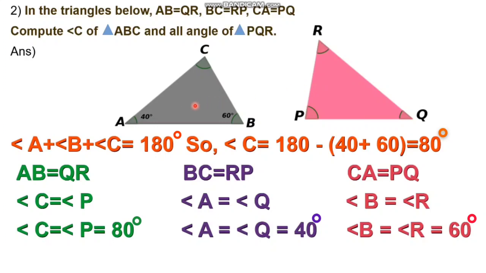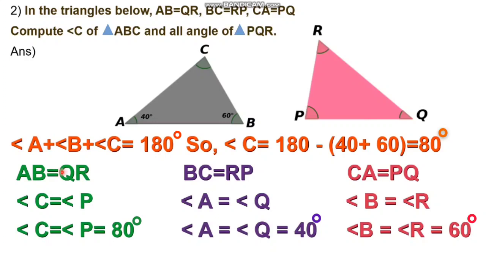Now, we got the three angles of triangle ABC and the two triangles are equal triangles. That means the sides of ABC are equal to the sides of PQR. And then we will write the remaining angles. First we write the given: AB equal to QR. These are the equal sides. From this itself we can write the equal angles.